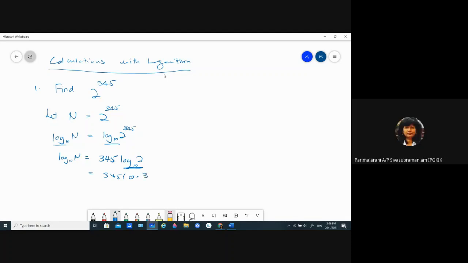It is 0.3010. When you multiply this with 345, you get 103.8553. So log n is equal to 103.8553.